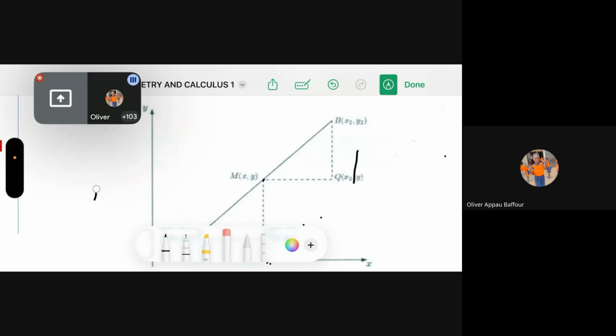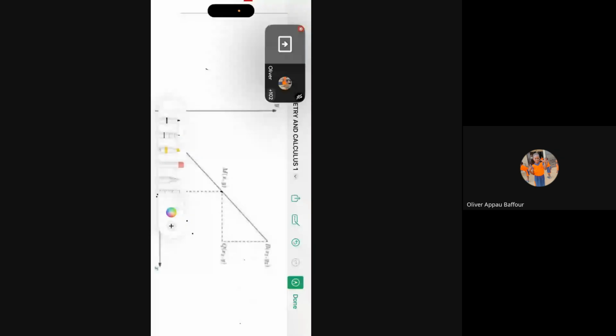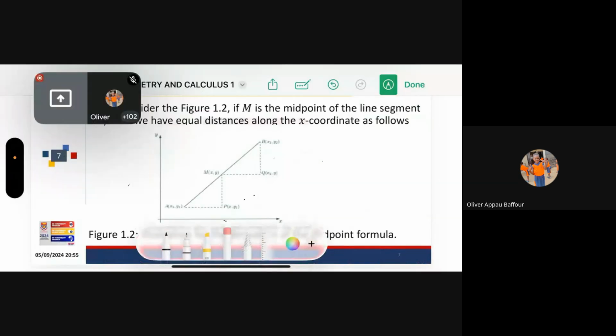Madam, please continue. Okay, I'll continue. So this point here, the point P, will have coordinates x and then y1.